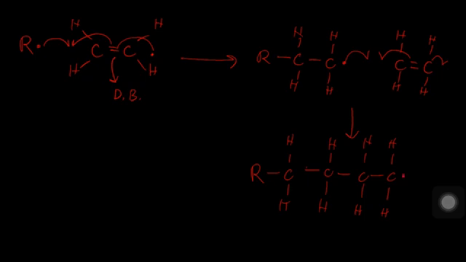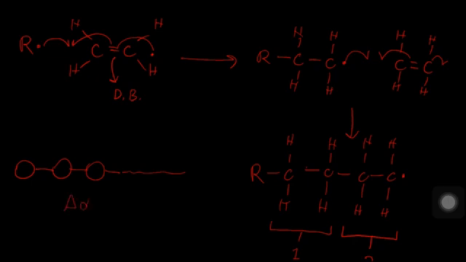So you can see this one is the first monomer, and this one is the second monomer. It's the same as when you have the first unit connect with the second unit, third unit, and so on. Addition polymerization.